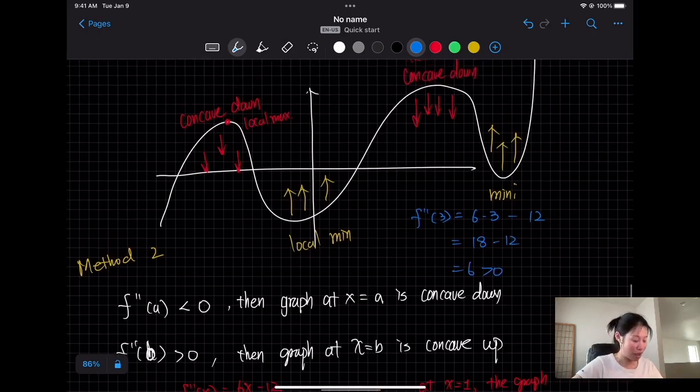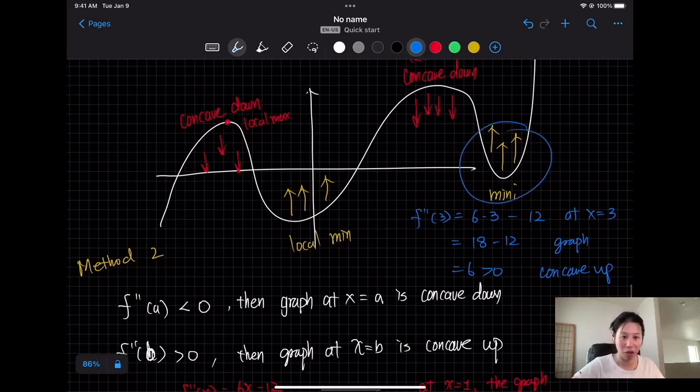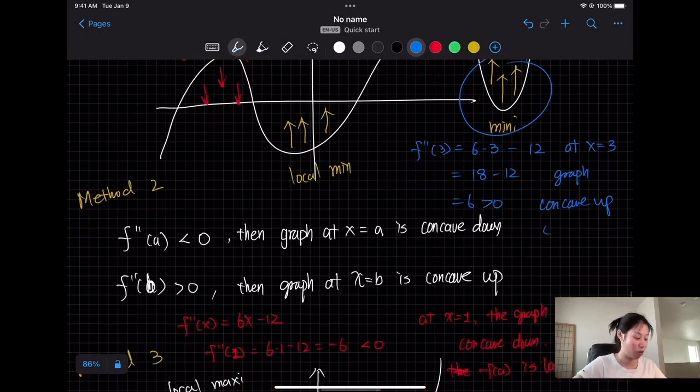So that means at x equals 3, the graph is concave up, similar to here. If it's concave up, I can say the point (3, -22) is a local minimum.